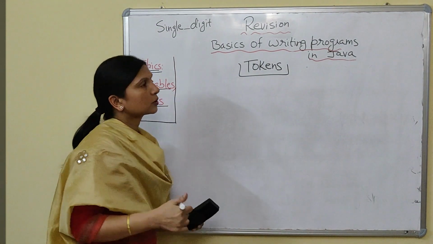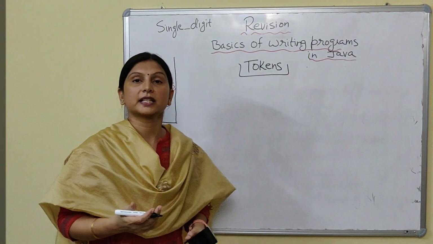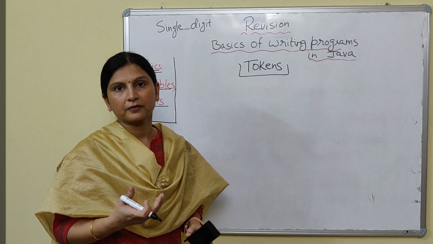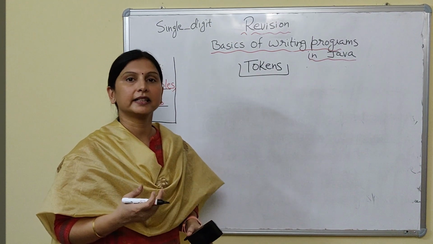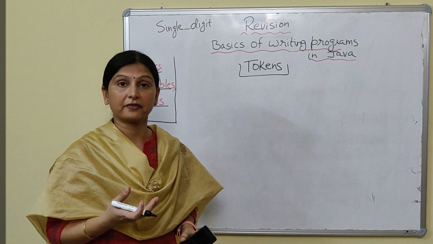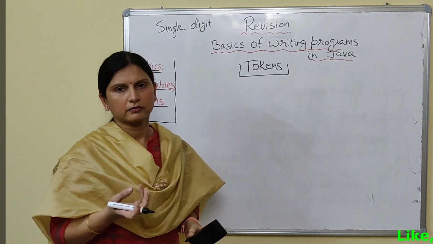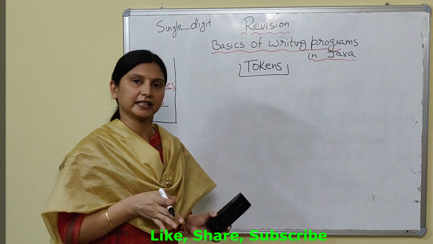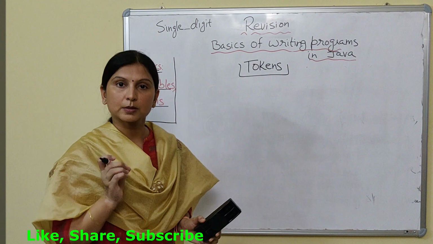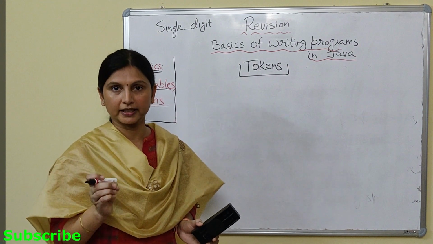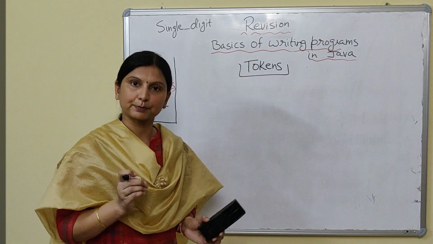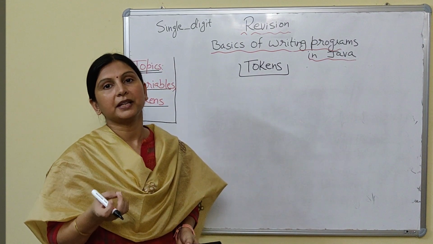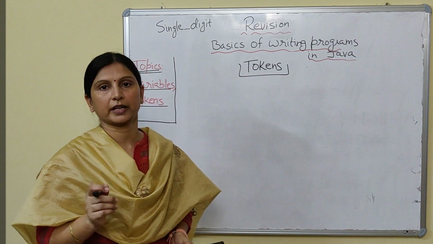See, tokens you can define: tokens are the individual unit of a program which can be explained individually, which have some meaning, which have some purpose. It's the smallest individual unit which can be explained individually and which has some meaning and purpose in a program.